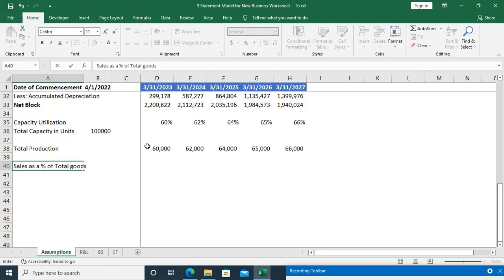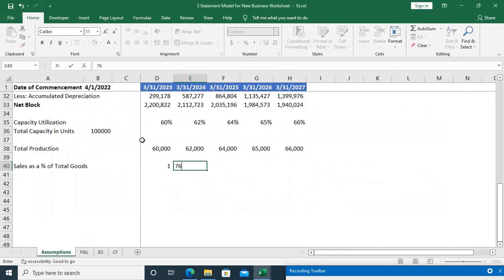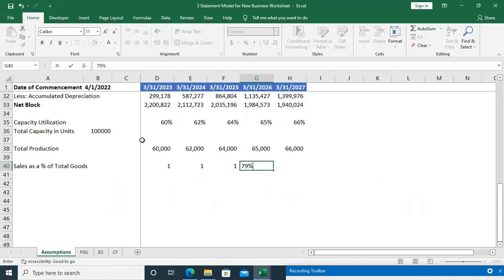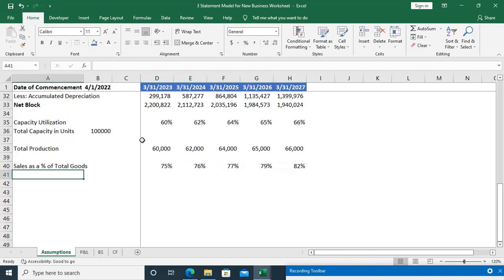Sales as a percentage of total goods. What was the percentage of the first year? 75%, second year 76%, 77%, then 79%, and 82%. Now again, convert it into percentage. You know how to do it. Alt HP or Control Shift percentage, whichever way you like.